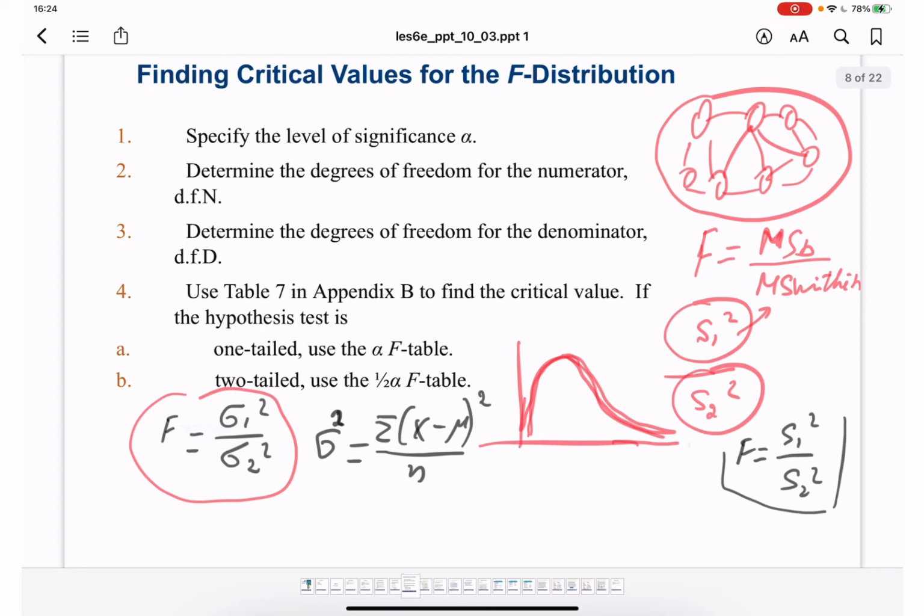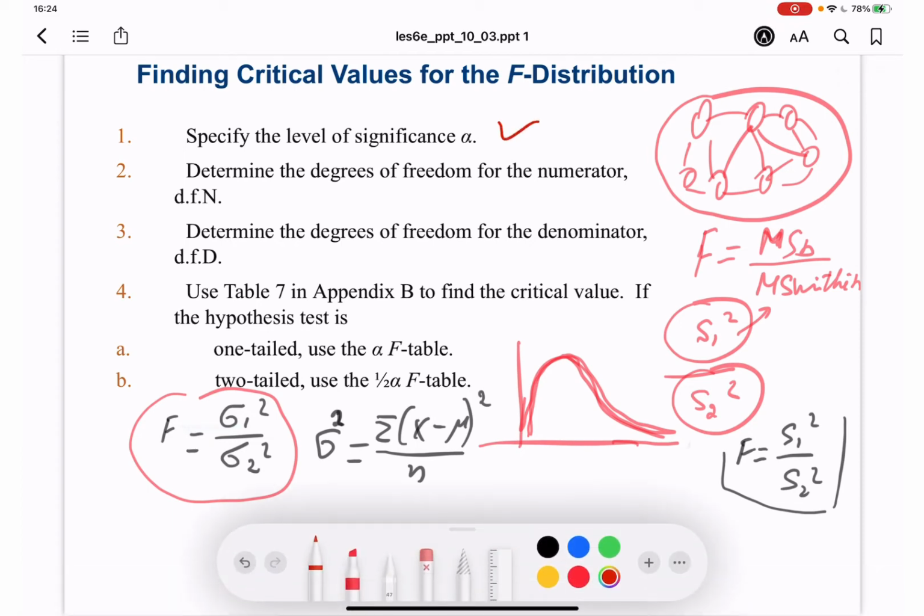So for the critical value, we need to take our significance level alpha and determine the degree of freedom for the numerator. It's going to be n1 minus 1. Here it's going to be n2 minus 1, right? And then we are going to use the table.